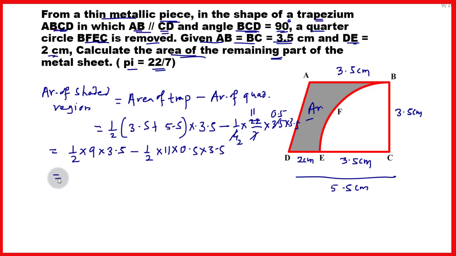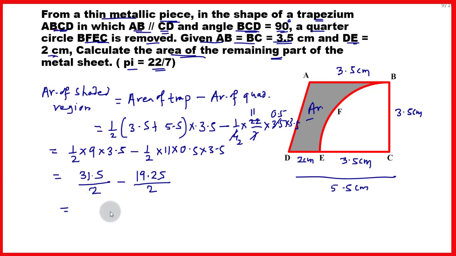So if you multiply 9 into 3.5, that will be equal to 31.5 upon 2, minus 11 into 0.5 into 3.5, that will be 19.25 upon 2.